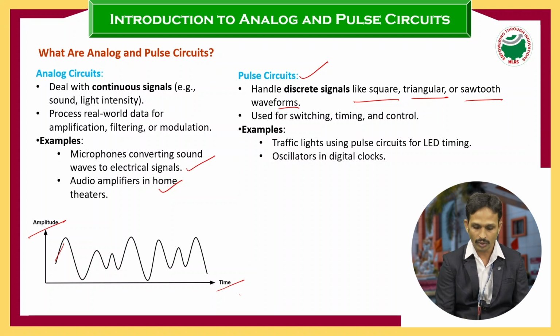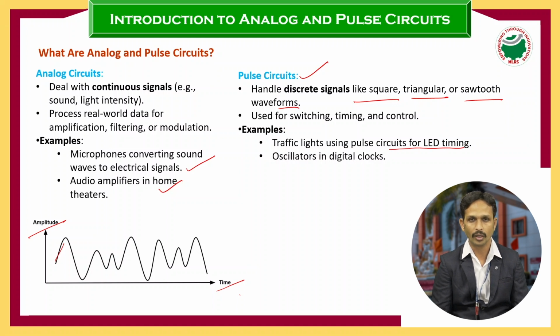An example is a traffic light using pulse circuits for LED timing. The traffic signal changes after some pulse duration; whenever we trigger the pulse, it changes the signal from red to green or green to yellow. Another example is oscillations in digital clocks.